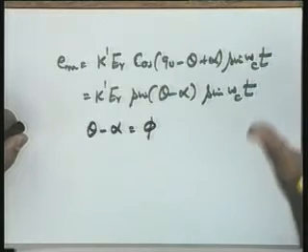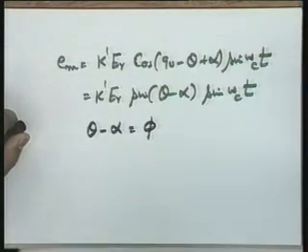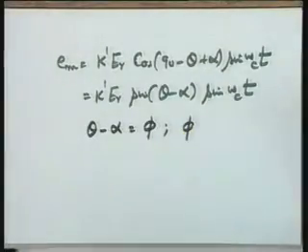Once the synchro pair is part of a feedback control system, phi will be very small, because as soon as phi of the order of 5 to 7 degrees appears, the control system will act to reduce this phi to 0.